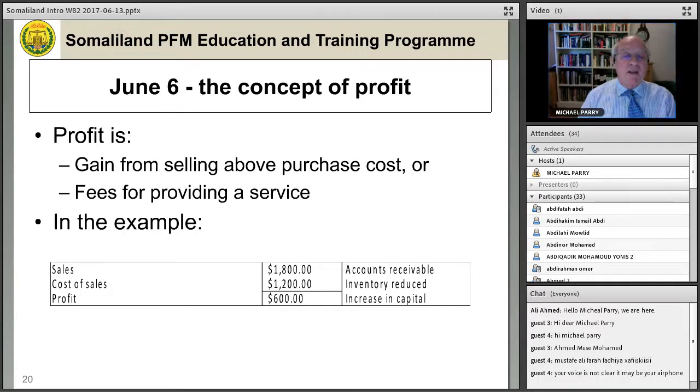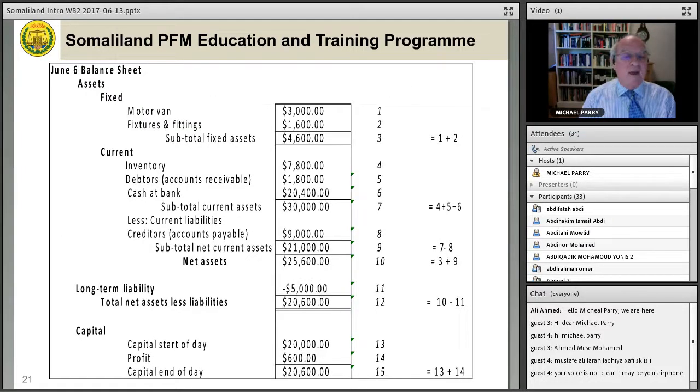So we now have an account receivable, because we sold on credit, of $1,800. We've reduced the inventory by $1,200, the amount it cost us, and we have a profit of $600. And that's reflected in the balance sheet, so that the inventory is reduced to $7,800, but we have the new item, debtors, UK terminology, accounts receivable, US terminology, of $1,800.